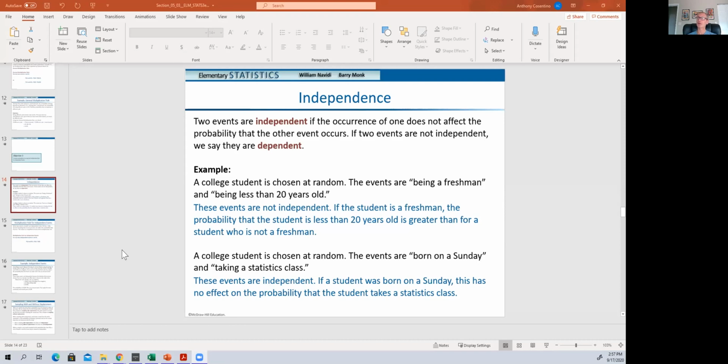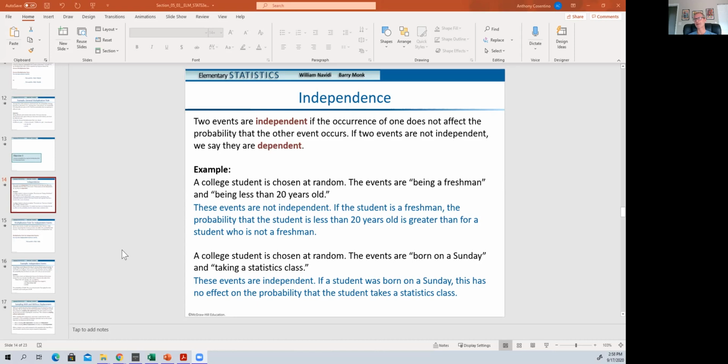The first one says that the college student is chosen at random. The events are being a freshman and being less than 20 years old. So these events are not independent. If the student is a freshman, the probability of that student being less than 20 years old is greater than for a student who is not a freshman, for example, a senior.